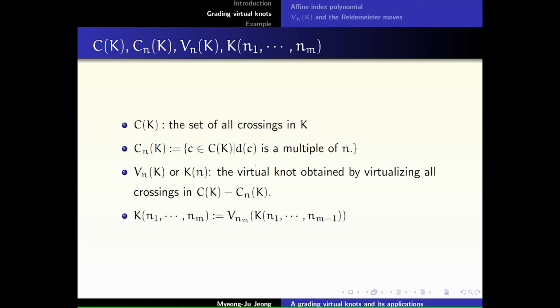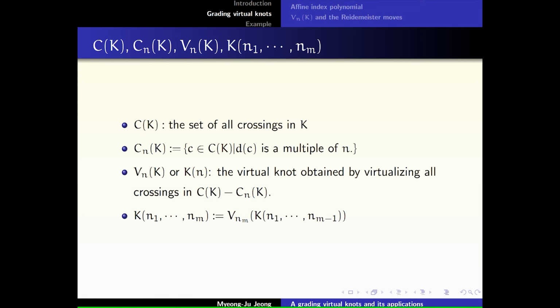And V sub n of K, or K of n, will denote the virtual knot obtained by virtualizing all crossings in C(K) minus C sub n of K. So if n is 2, then V sub 2 of K means the virtual knot obtained by virtualizing all other crossings.